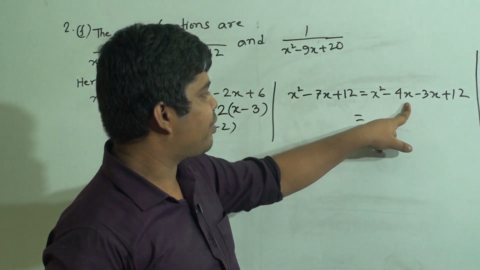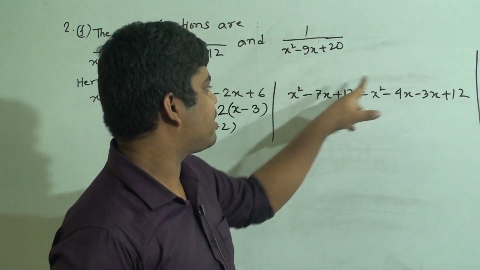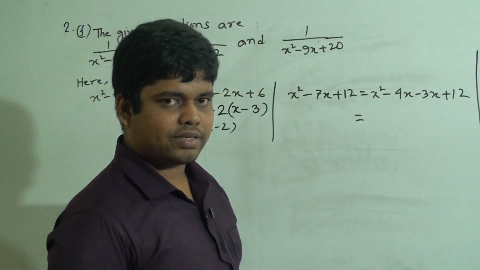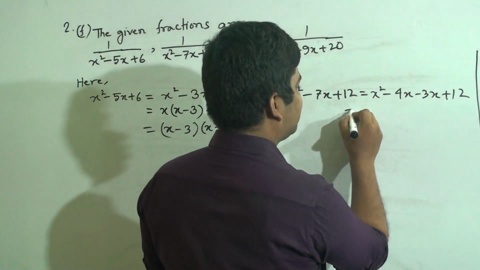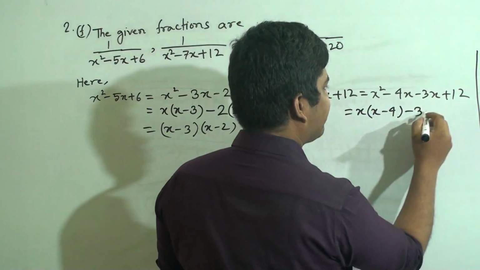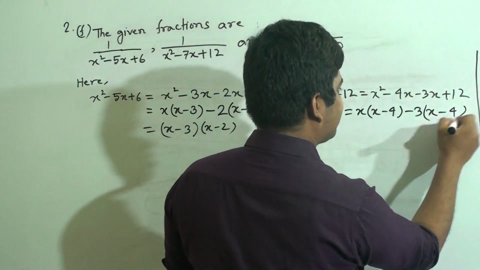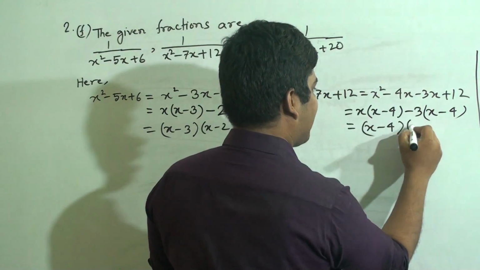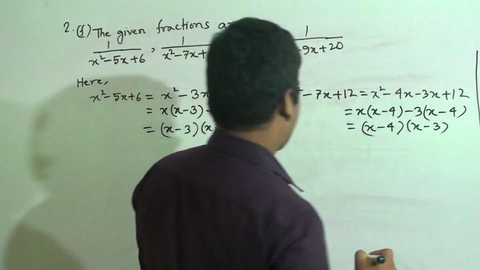That means if we add minus 4x and minus 3x, then we get minus 7x. If we multiply, then we get 12x square. So x common and left x minus 4. Here 3 common and left x minus 4. So from this whole expression, x minus 4 common and left x minus 3.